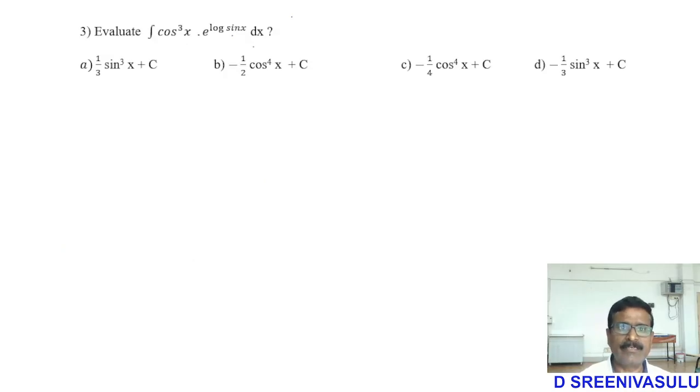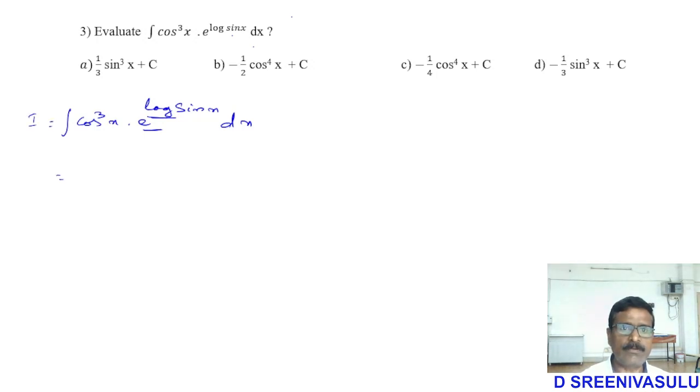Question number 3. Evaluate the integral of cos cubed x e to the power of log sin x dx. E to the power of log sin x is only sin x.